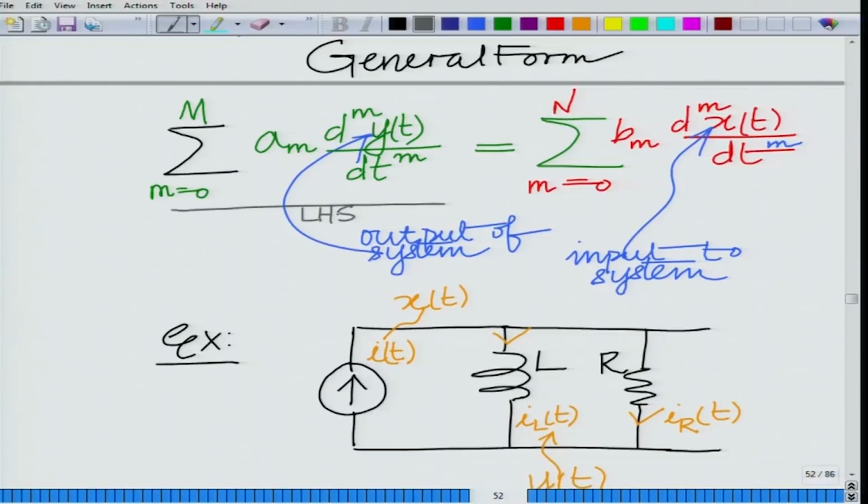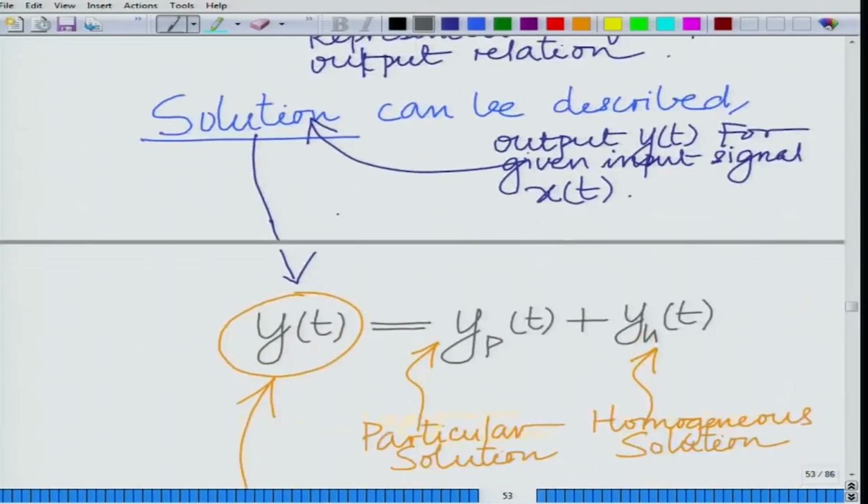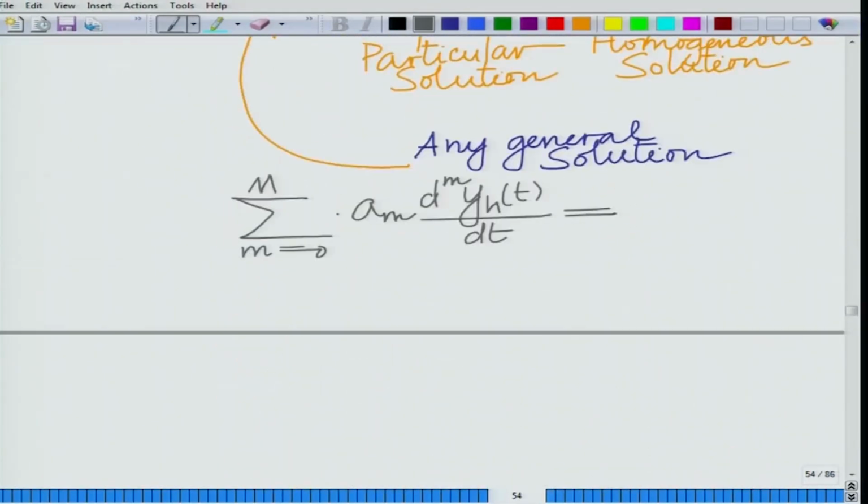So, you are taking the left hand side of this differential equation and setting it to 0. That describes the homogeneous solution to this differential equation, which gives the input output relationship of the system.